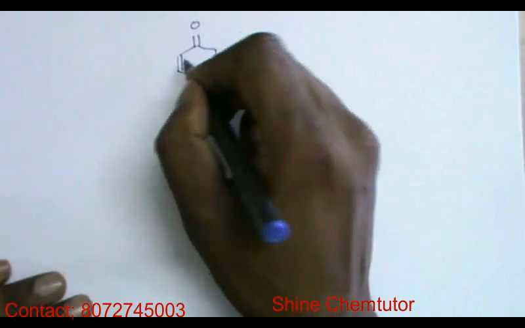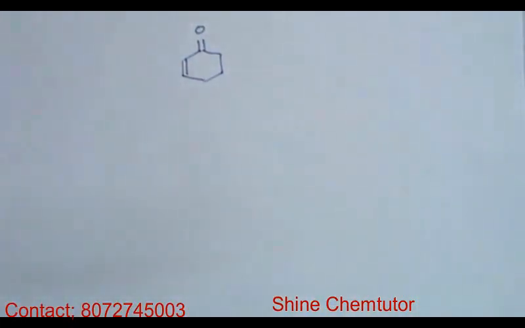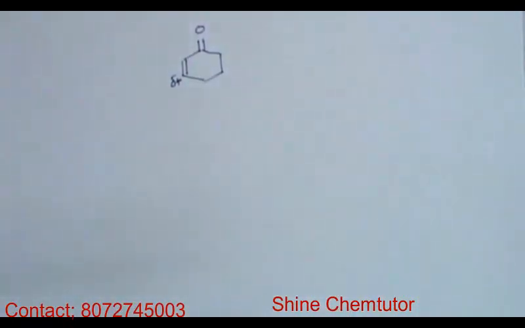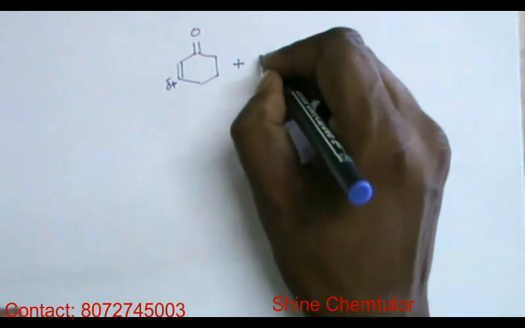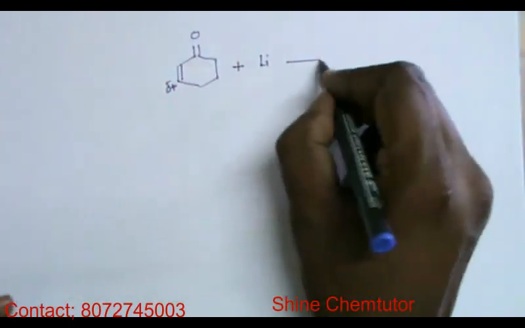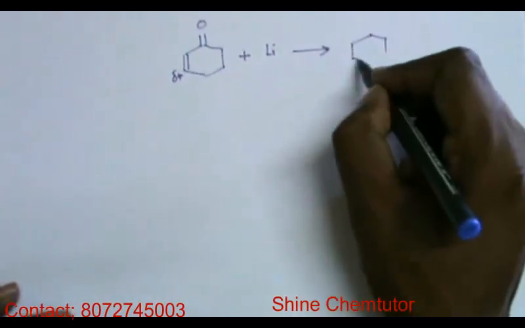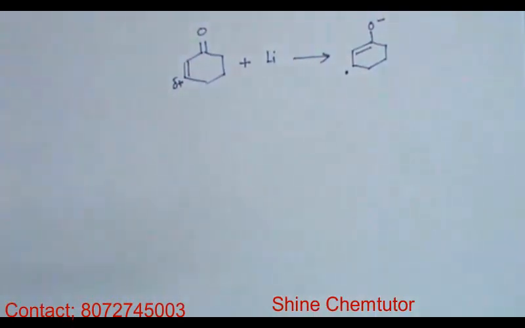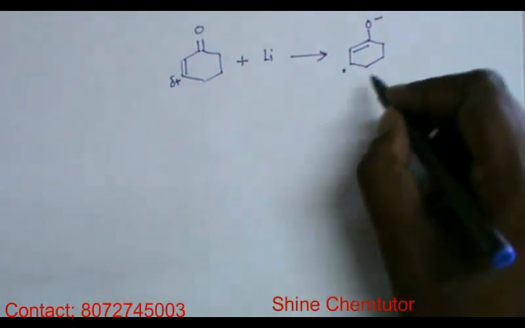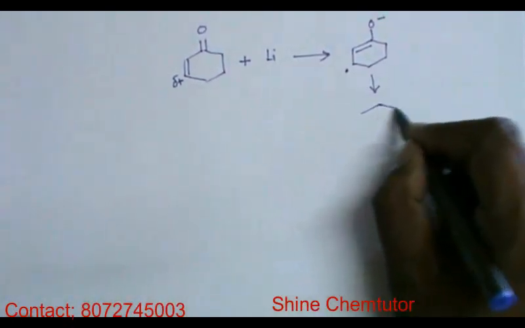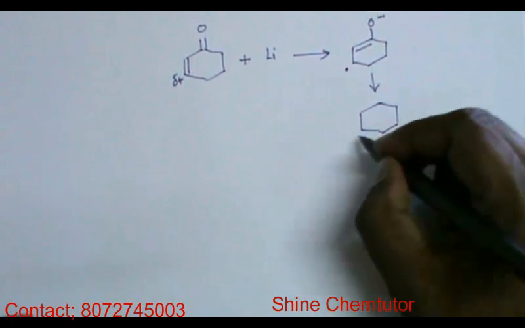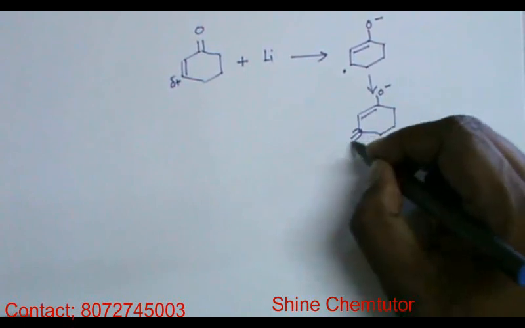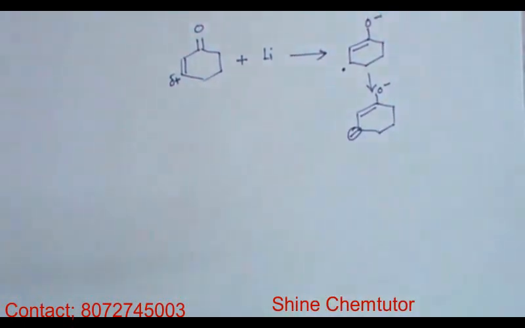What about alpha beta unsaturated system? In this case, the beta carbon has delta plus. If I add lithium, electron will be delivered here. We will get this intermediate. Further, one more electron will be delivered and we get minus charge that will take proton. We will get hydrogen there.